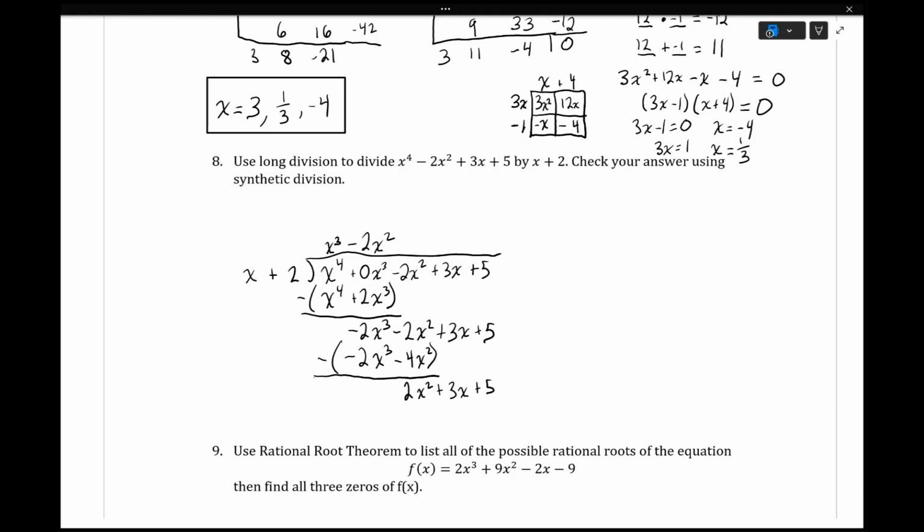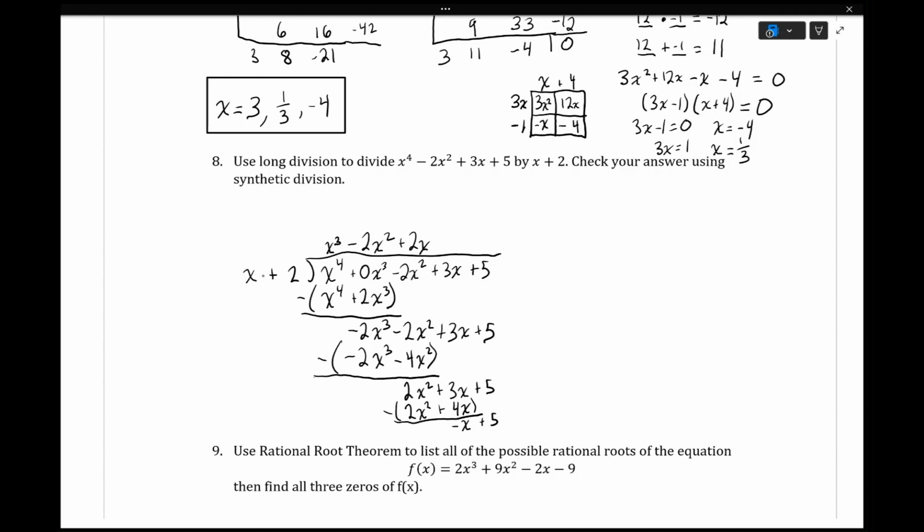Okay, what do I multiply x by to get to 2x squared? That's a 2x. So I have 2x squared plus 4x. I subtract all that to get a negative x plus 5.